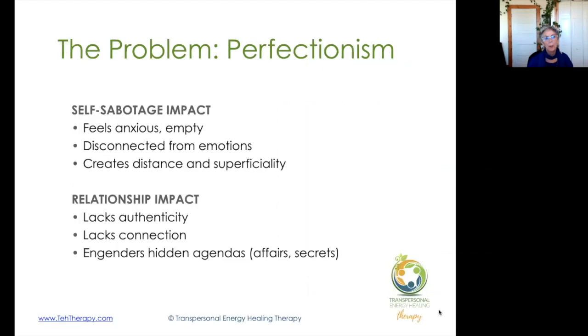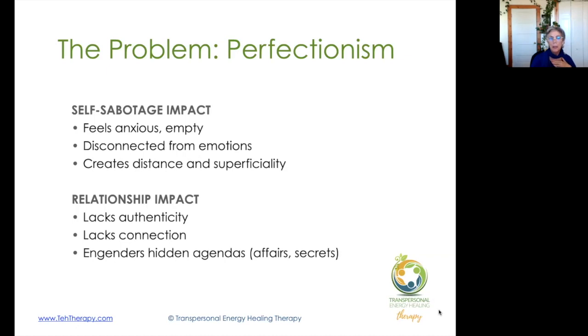So the self-sabotage impact is that I feel anxious. I feel empty. These are people who look at someone who does cry, and once they're past the judgment of them crying, they actually feel envious. They actually wish that they could feel like that person feels. They wish that they could love to the depth that that person loves.